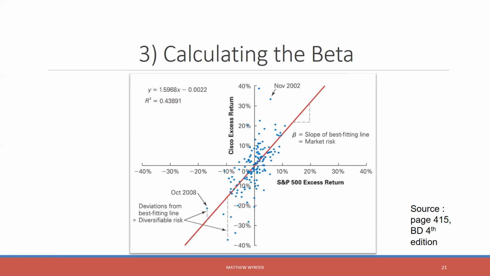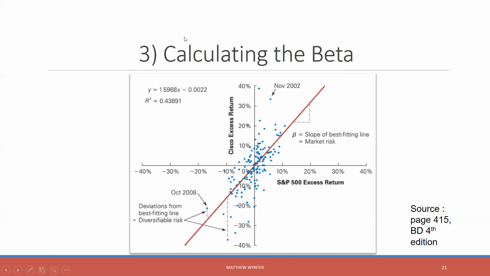And what do you have with this regression? Well, there are two things I hope that you notice. First, notice how many of these dots do not sit perfectly along this red line. That makes sense. Those dots that are being plotted are the returns for Cisco and the returns for the market on any given month.